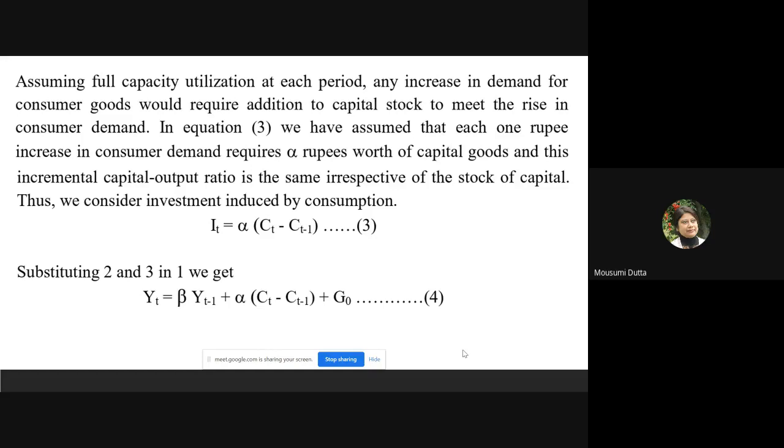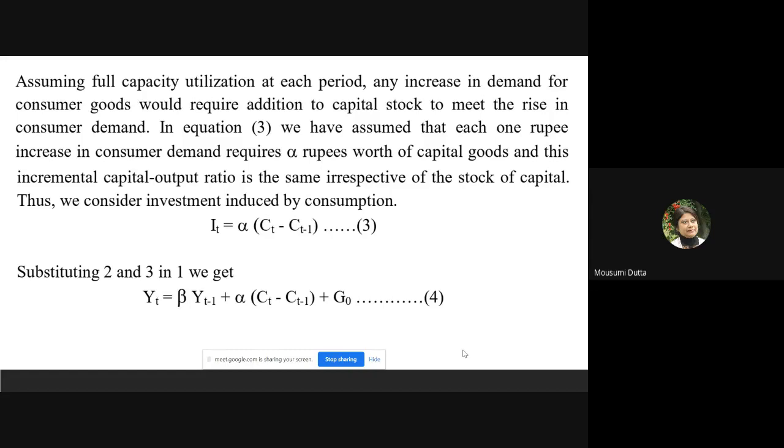So the entire stock of capital will be cleared at each market. So if there is any addition to the consumption expenditure, any increase in consumption expenditure, the economy needs additional capital stock to meet that rise in consumer demand.